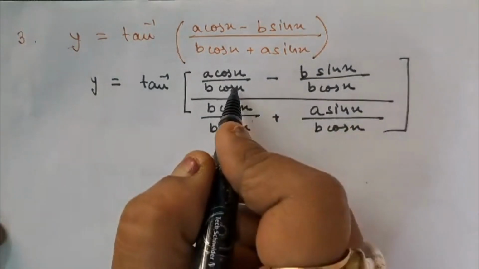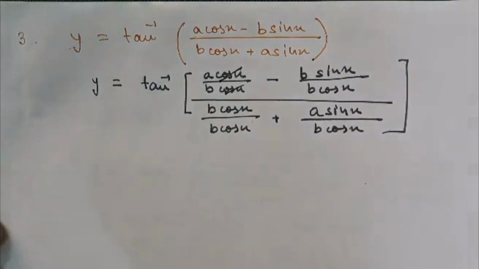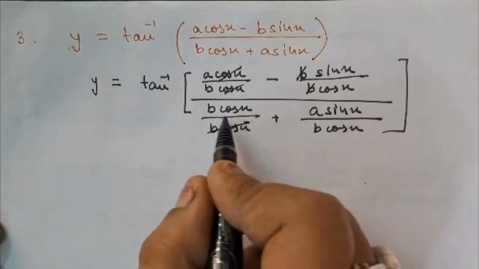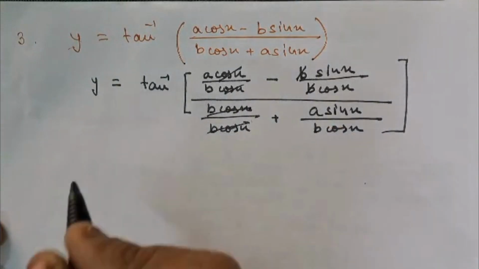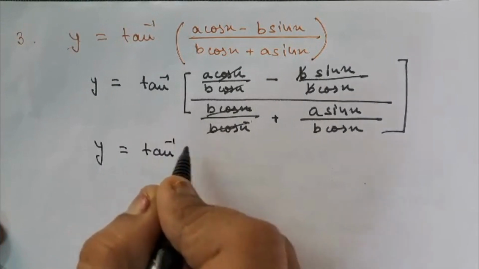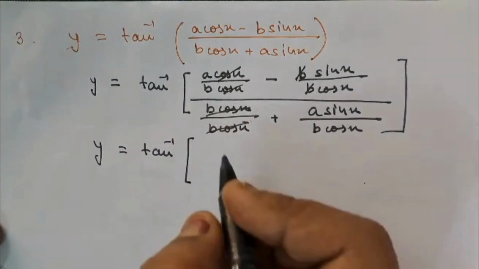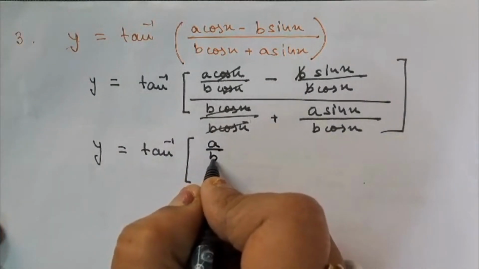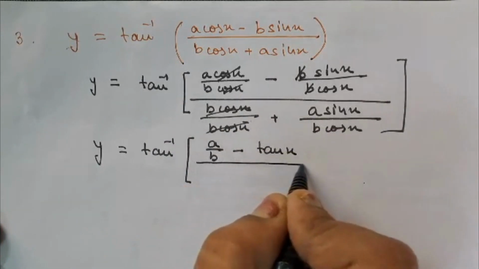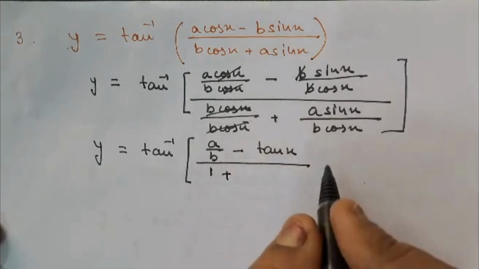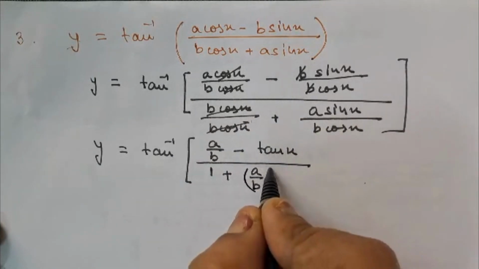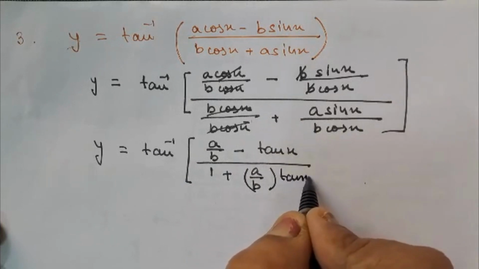Now here I can see my cos x gets cancelled and here b gets cancelled. Here the whole thing gets cancelled. So y is equal to tan inverse of, this becomes a by b minus tan x whole by 1 plus, now this I am writing as a by b into tan x.